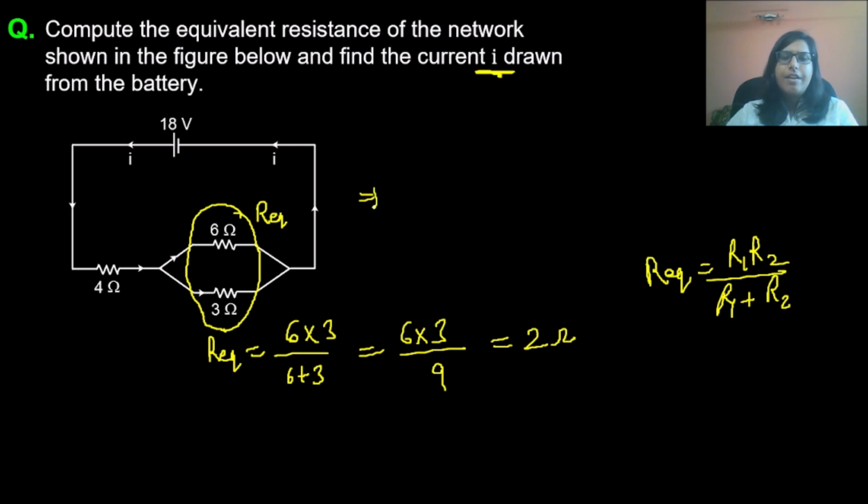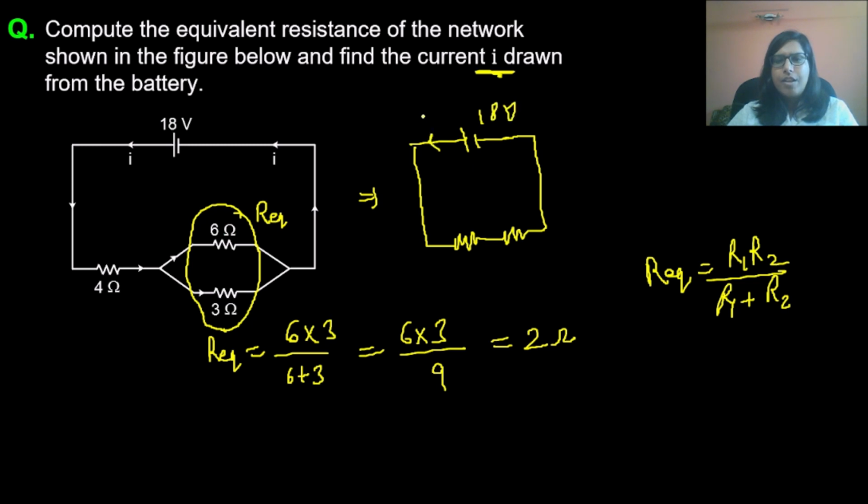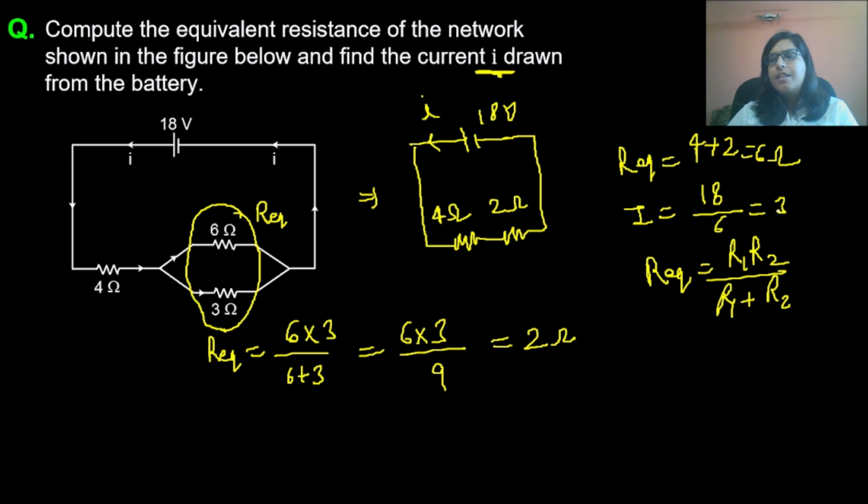Now this circuit will become like this. This is 18 volt, current is flowing in this direction. This is 4 ohm and this is 2 ohm. So now the total resistance, our equivalent resistance, will be the sum of these two, that is 6 ohm. So current we can calculate I equals 18 by 6, that is 3 ampere.